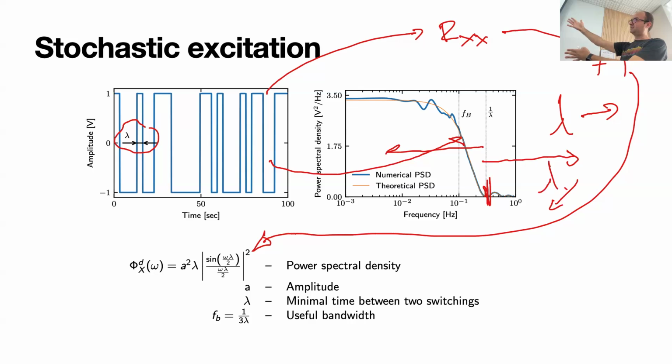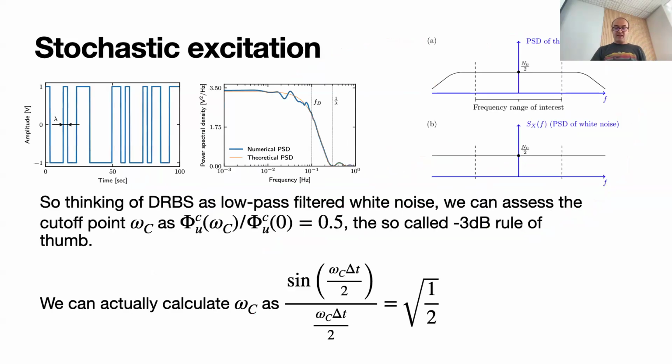It might seem a little bit strange, but I'm going to show you a Python code how you can do it. Why is this now actually of practical use? This is of practical use because imagine our white noise had a flat spectrum, plus minus infinity.